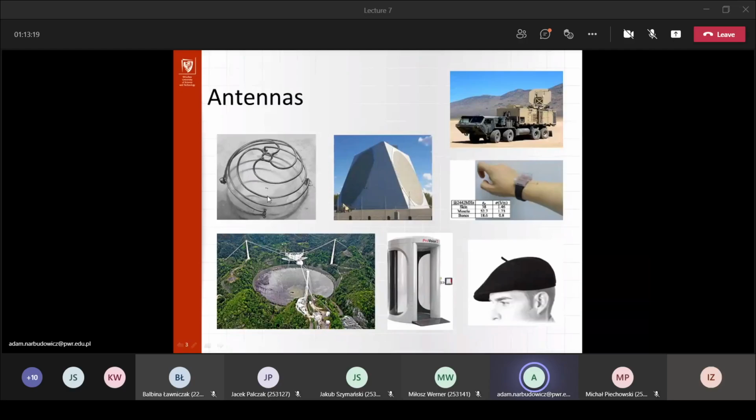This is an antenna, well, it doesn't look like it, but it is actually a monopole antenna operating at very low frequencies.